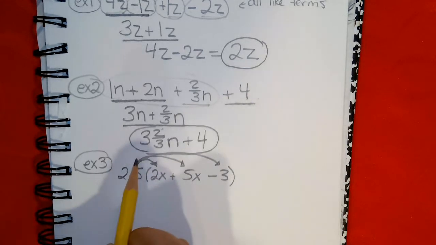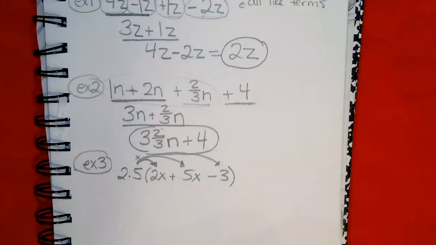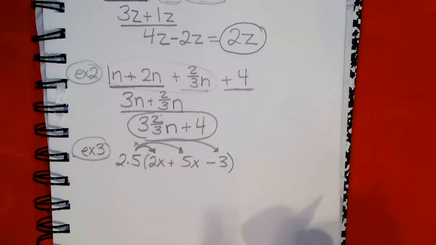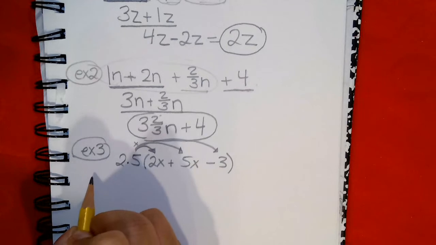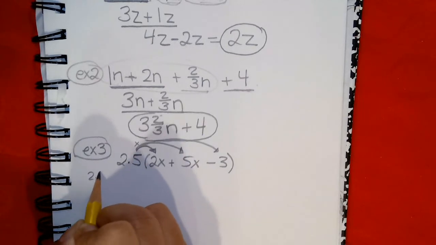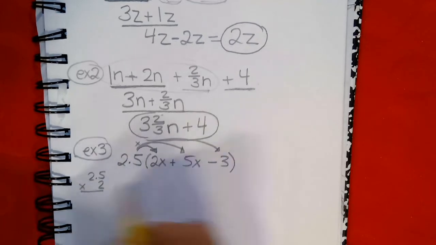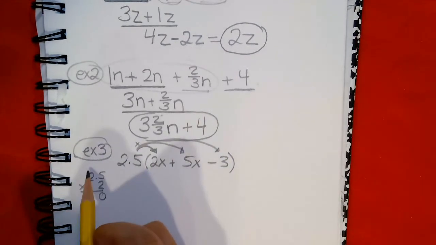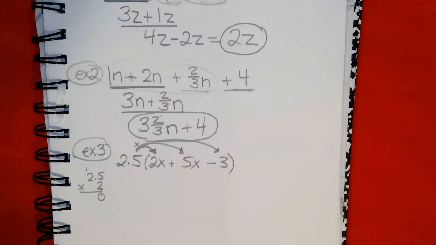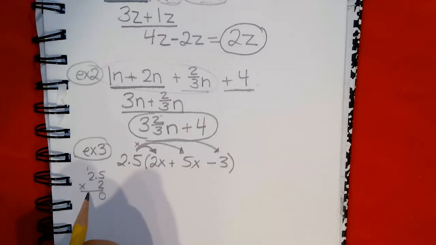Okay, remember this is going to be multiplication. So I have to go back to everything that I learned at the beginning of the year about multiplying decimal numbers. So I'm going to do that off to the side here. 2 5/10 times 2. Okay, 5 times 2 is 10, carry the 1. 2 times 2 is 4, plus 1 is 5.